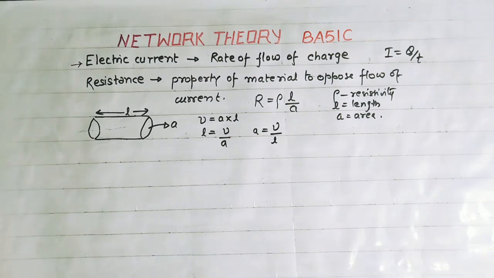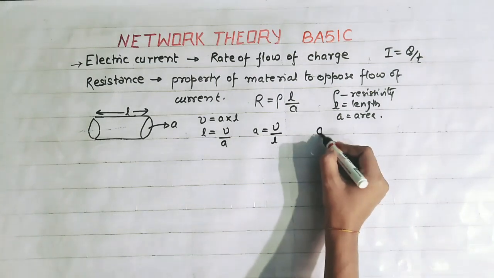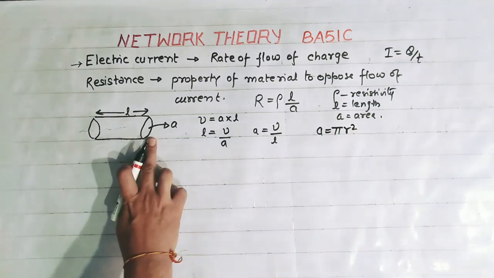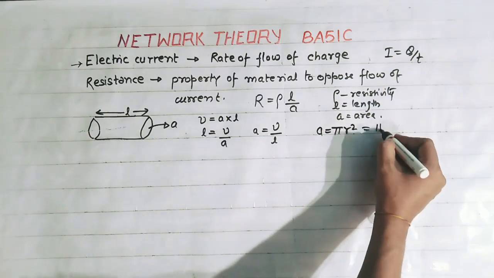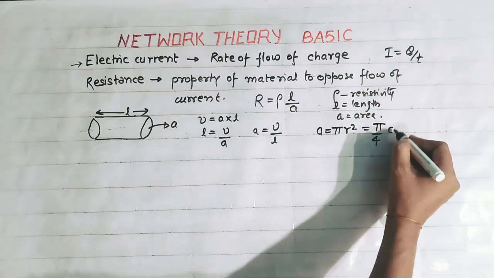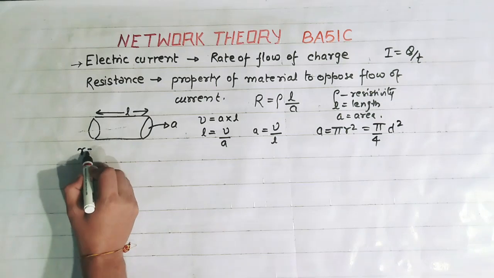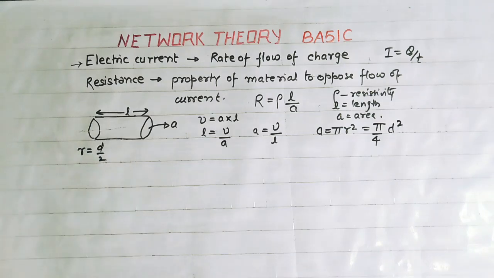We can write both of these. And area A is also equal to pi r square, where r is the radius of this conductor, or we can write it as pi by 4 d square, because r is equal to d by 2. So these are very basic formulas.